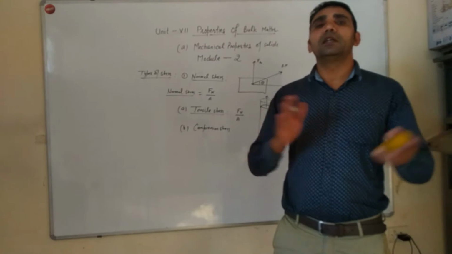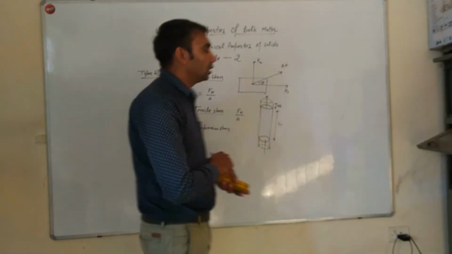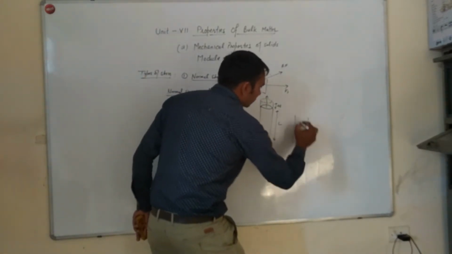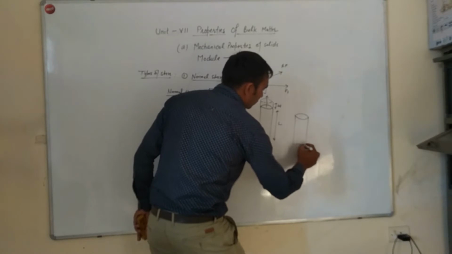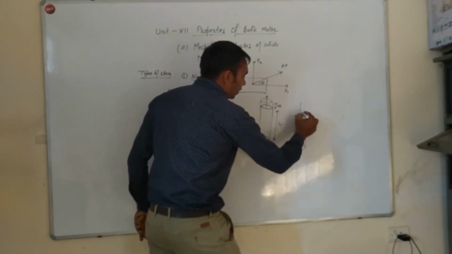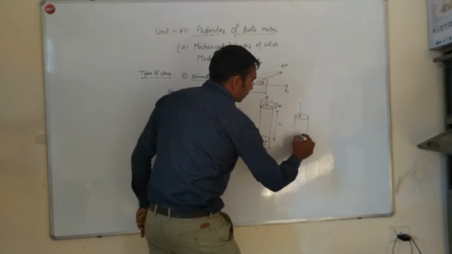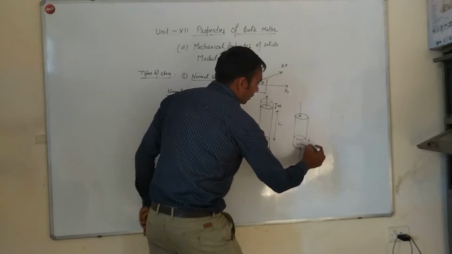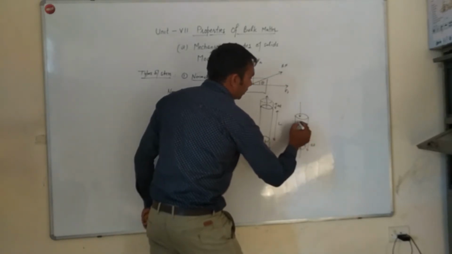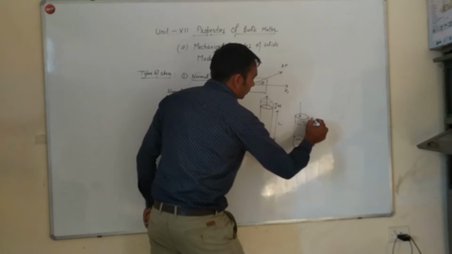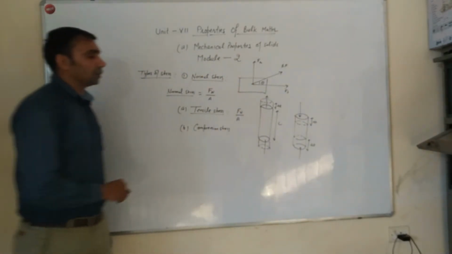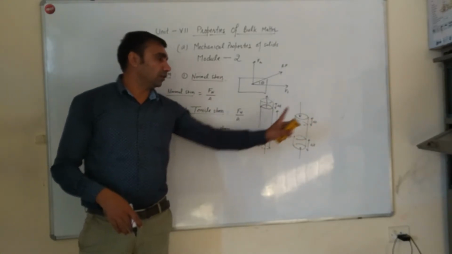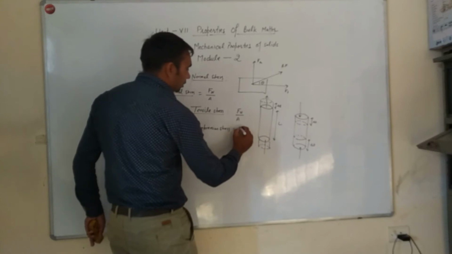In such a way, it decreases the length of the body by delta L. The force applied on the body is normal to the surface of the body, so the normal component of this force divided by area is called compressional stress.